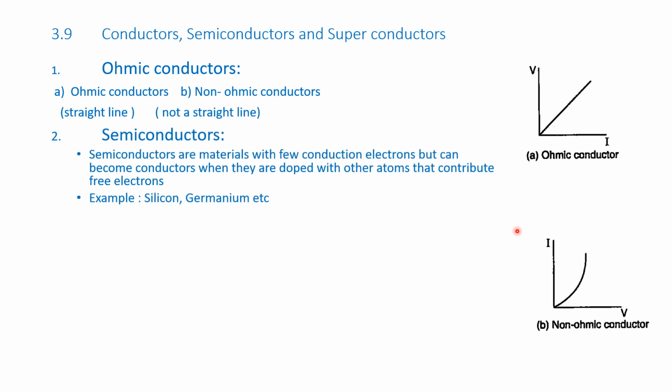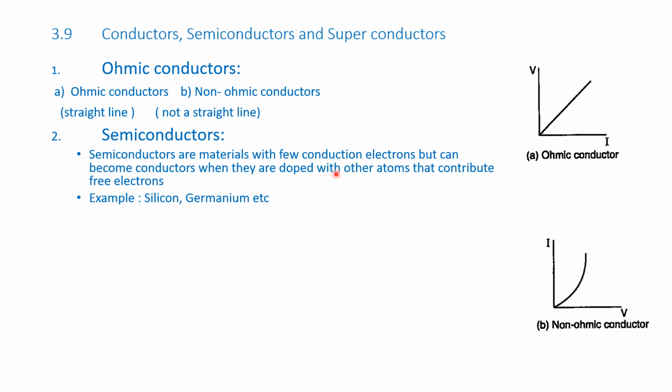Semiconductors. Semiconductors are materials with few conduction electrons. In the previous case, conductors, there are a number of free electrons and positive charges or holes which are free to move and which are important for good conductivity of electrical current. Semiconductors are materials with few conduction electrons, but can become conductors when they are doped with other atoms that contribute free electrons.